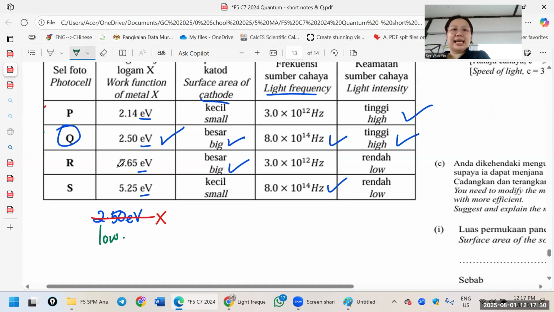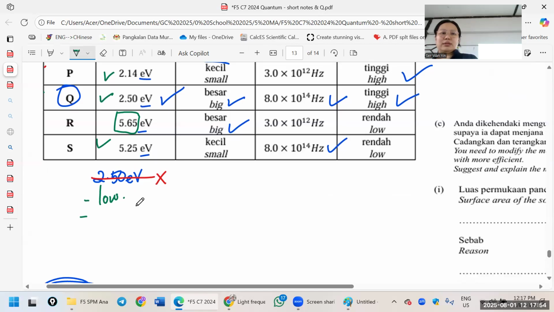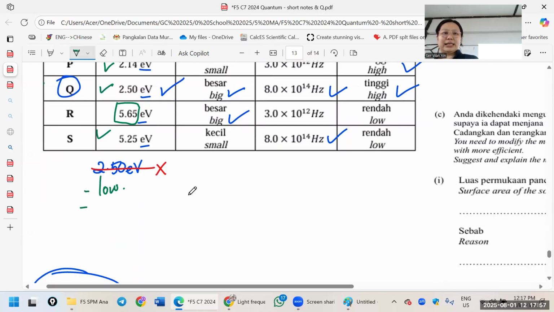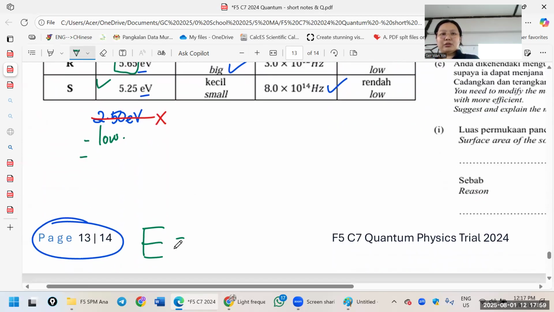Okay, actually it's like this. Which one is the highest? Highest is 5.65, correct? So lower than this, all of these can say is low. Understand that? Why low? According to the formula again, E equals to W0 plus Kmax.